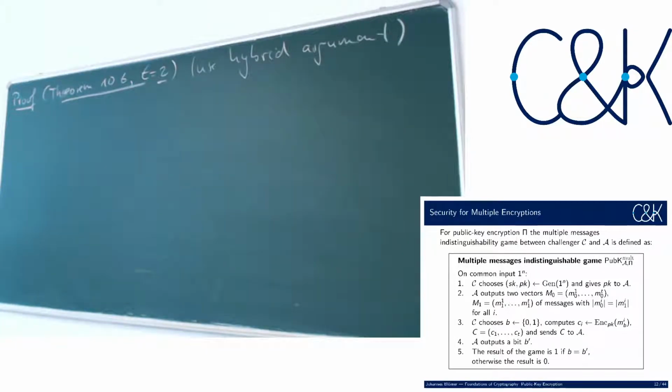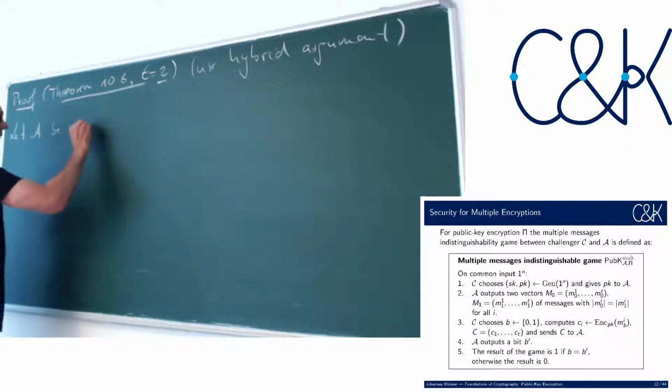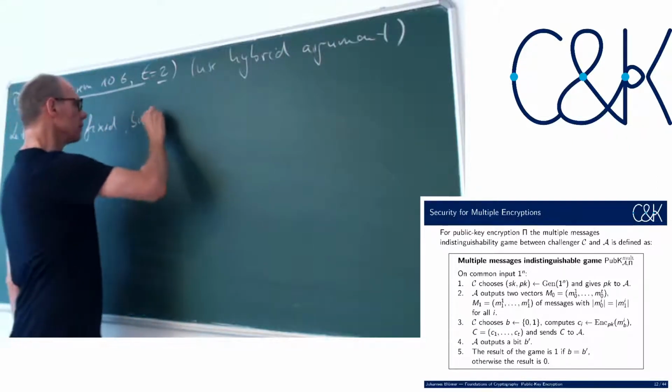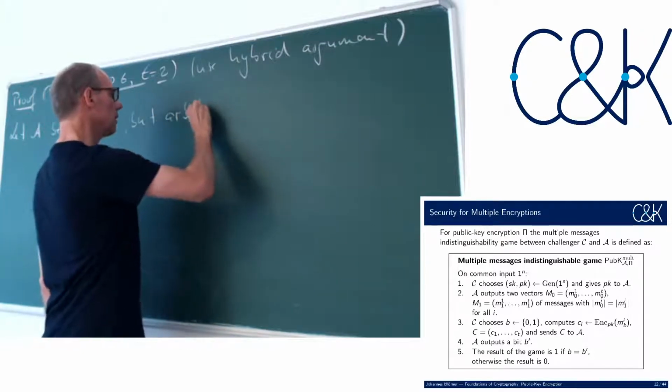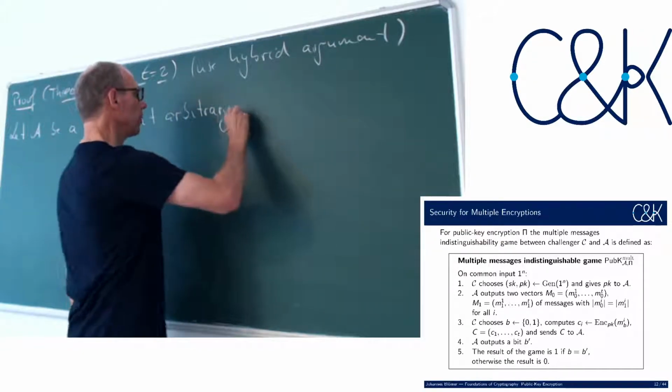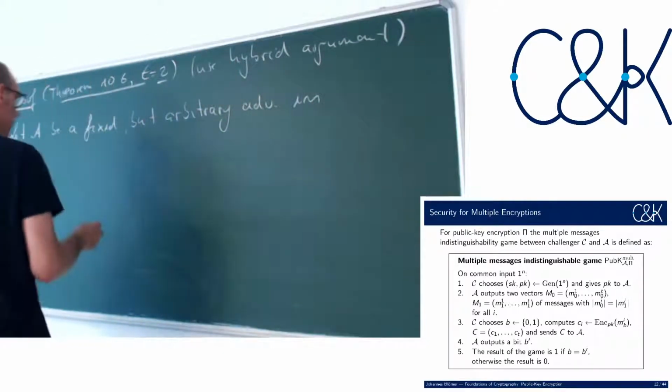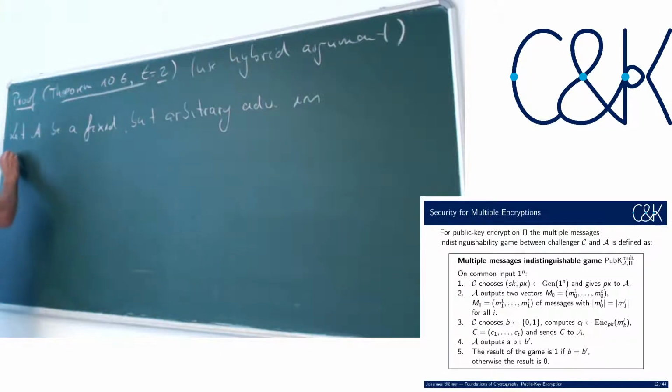Okay. So we start as usual. Let A be a fixed arbitrary adversary in this game here.